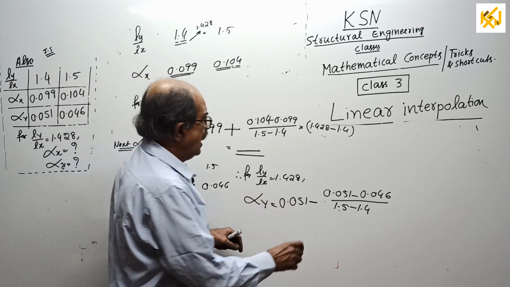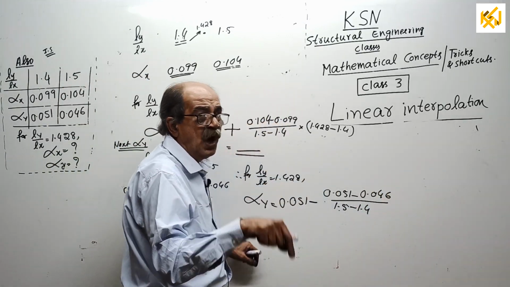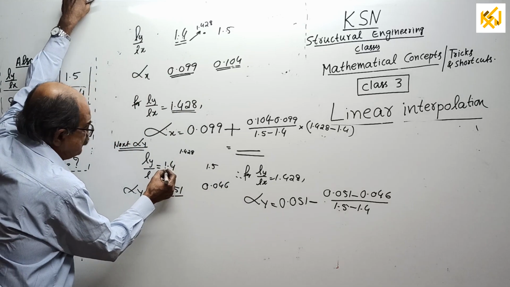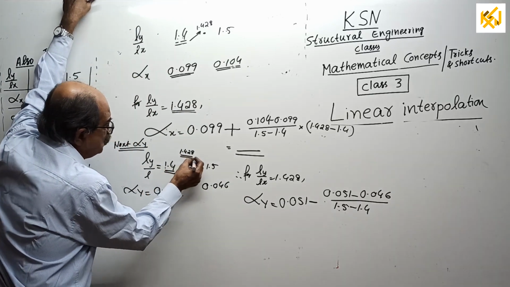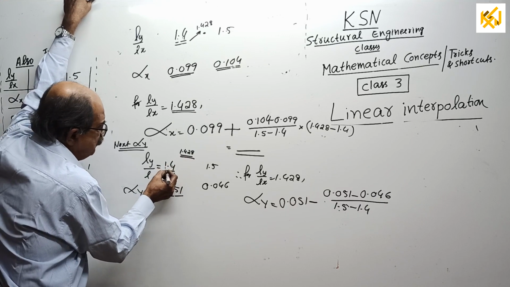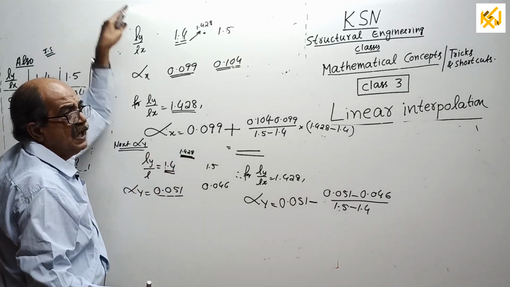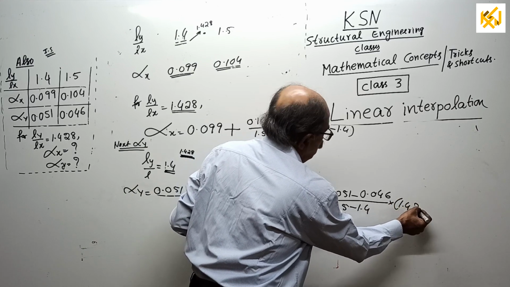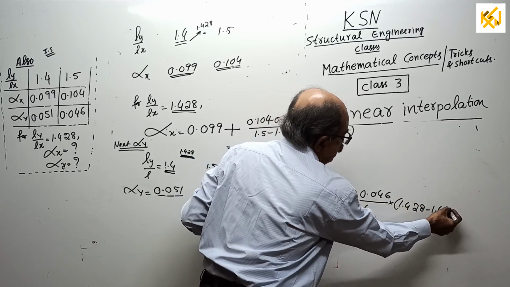This will give you the reduction or drop per unit length. We want to know how much it drops from 1.4 to 1.428. So when you reach 1.428 from 1.4, how much do you drop? Multiplied by what? 1.428 minus 1.4 will give this value.